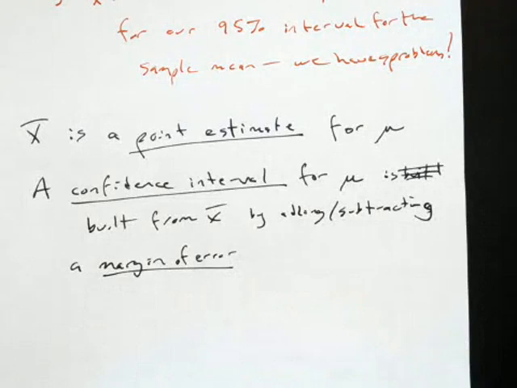So I take the point estimate I came up with, and I add or subtract a margin of error. Now, confidence is a percentage.